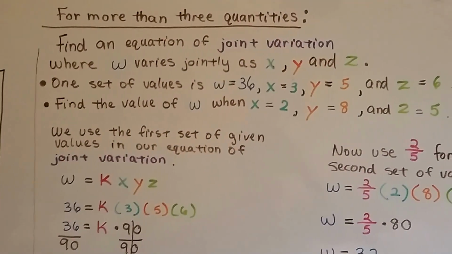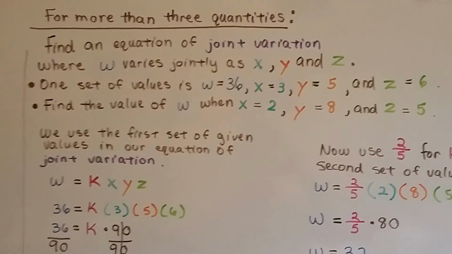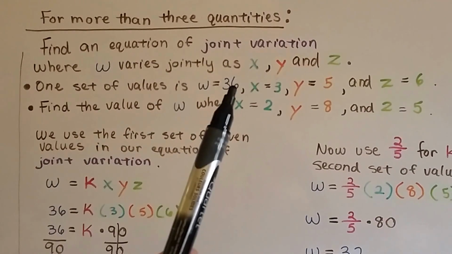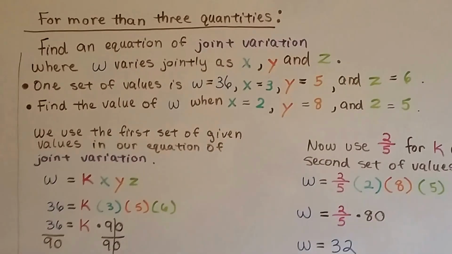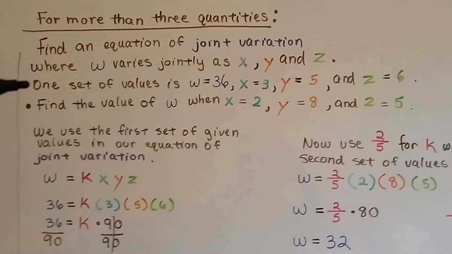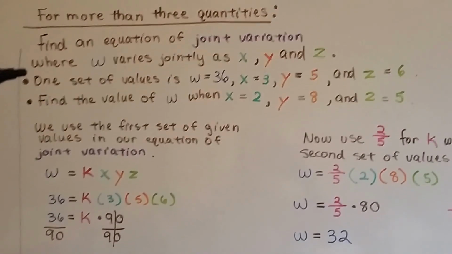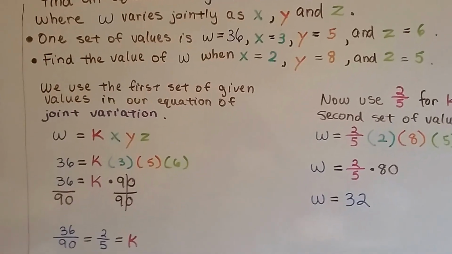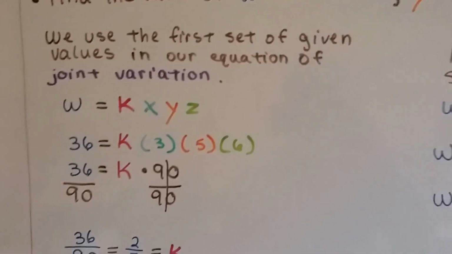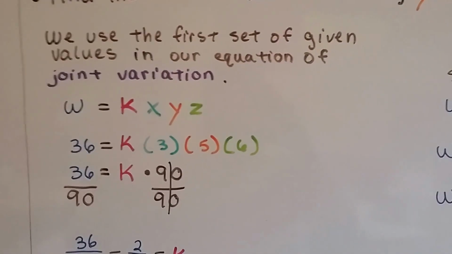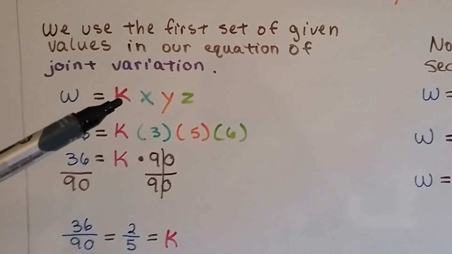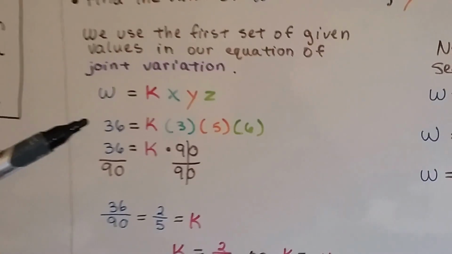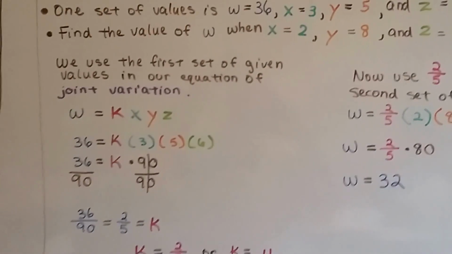Now, sometimes there's more than three quantities. We can find an equation of joint variation where W varies jointly as X, Y, Z. Now there's 4. We've got W is going to equal that K times X times Y times Z. See? We've got a first set of values that we can use to find the constant K. We can plug that constant into the second set of values and solve it. So we use the first set of given values and make an equation of joint variation that's W equals K, constant, times X, Y, Z. We plug in the values that were given us from the first set, 3, 5, and 6.